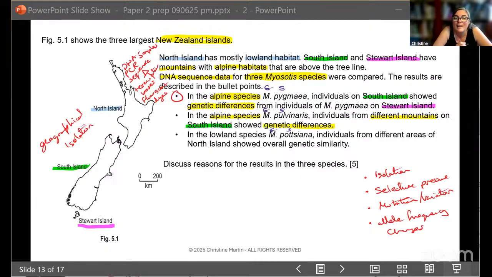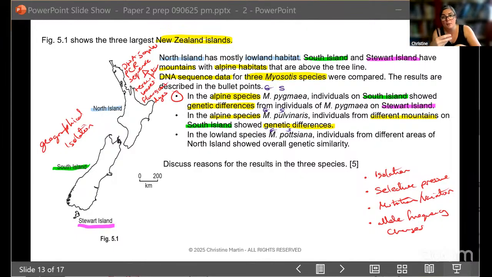Again: isolation, selective pressure, spontaneous mutations causing variation, and allele frequency changes, because those that are better adapted will survive.